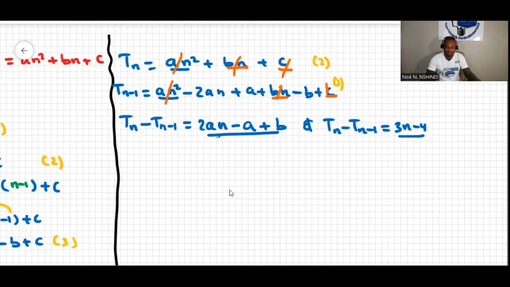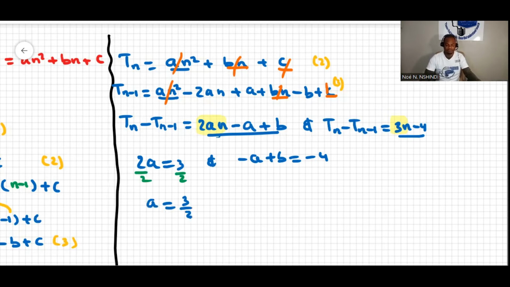But now what can you do? You will notice that this term ends with n, so this must be equal to 3n. So we can just say 2a equal to 3, and we have negative a plus b, which must be equal to negative 4. Now we can work out the value of a if we divide both sides by 2, okay? And then a will be equal to 3 over 2.